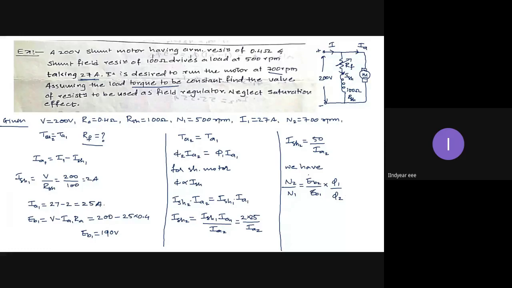Because flux is proportional to shunt current, I can write this as EB2 by EB1 into ISH1 by ISH2.